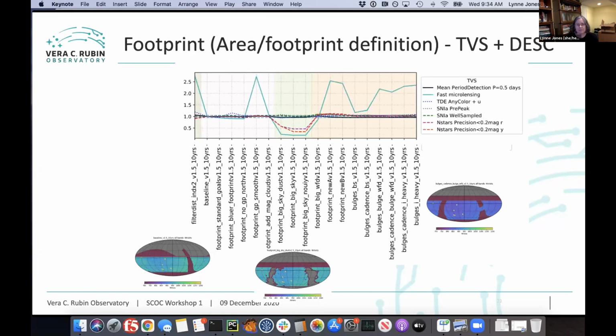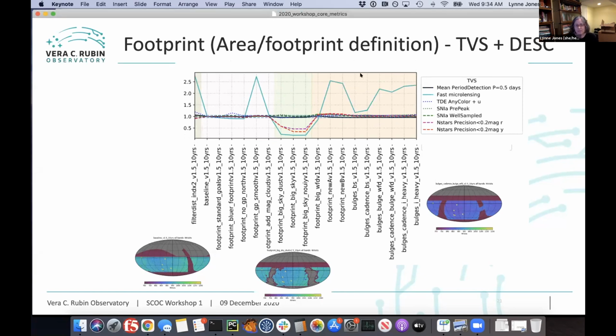And then for the footprint, for the TVS and DESC, the transient family of metrics, you can see here with the fast microlensing the effect of anytime we include fairly heavy coverage in the galactic plane. So these have more coverage in the galactic plane, some more than others.